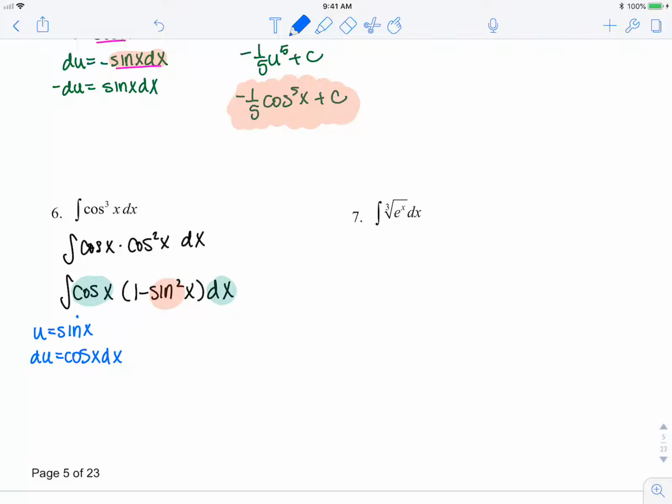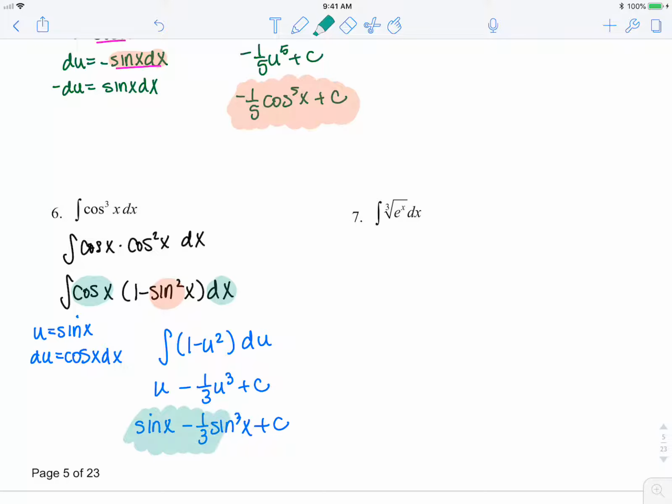So now this becomes the integral of 1 minus u squared du. So the antiderivative of 1 is u. The antiderivative of u squared is 1/3 u cubed plus c. And then u was sine. So this is sine x minus 1/3 sine cubed x plus c. So that's a little trig identity trick that we can use in these types of problems.